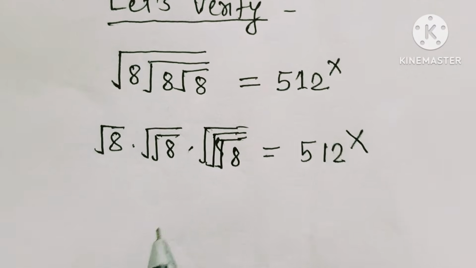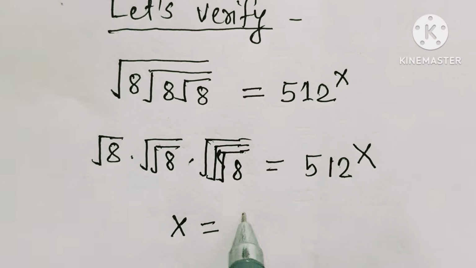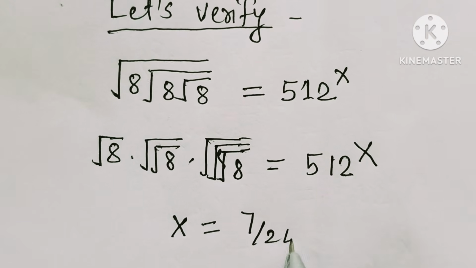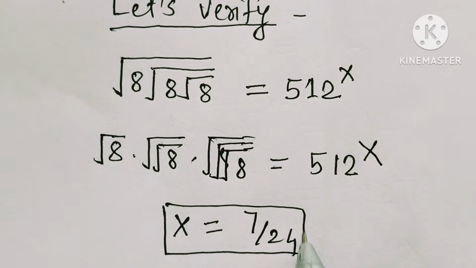Here we know that the value of x equal to 7 by 24. This is the value of x which we have to put here.